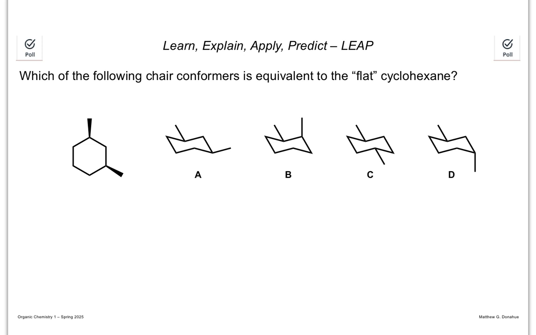So here's sort of a logic test. You're given a flat cyclohexane, and then which one of the responses represents the chair form of that drawing? D?